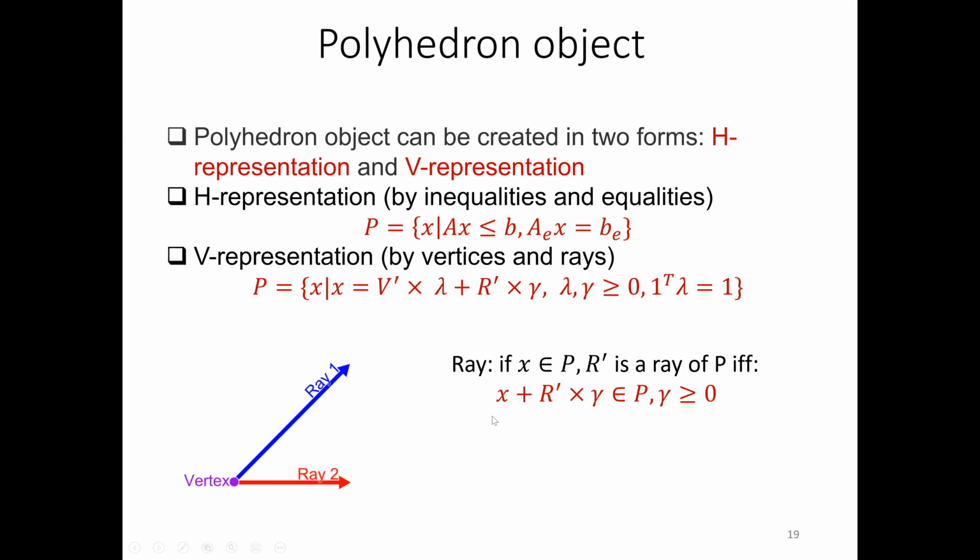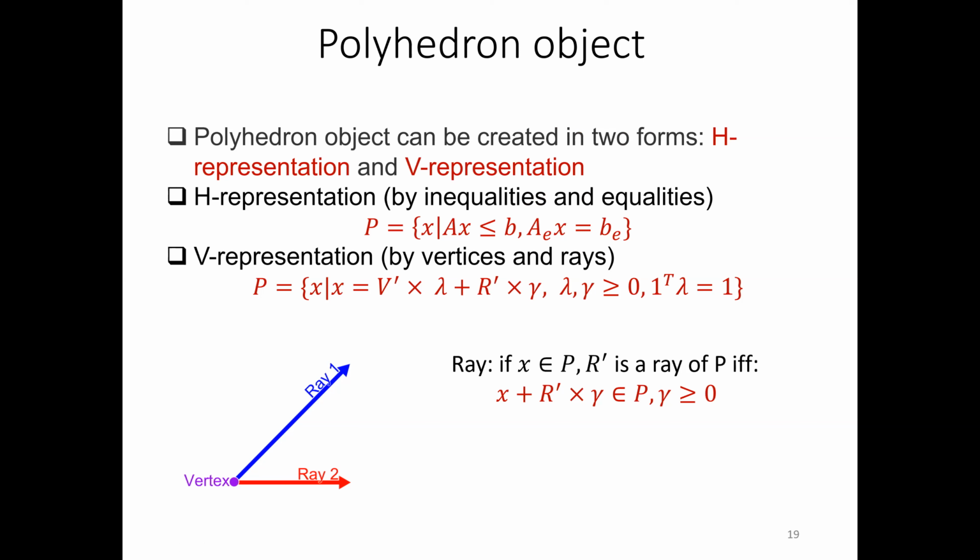If r is a ray of a polyhedron P, and x is inside of P, then x plus the ray times a coefficient gamma larger than 0 is also in P. That's how a ray is defined.